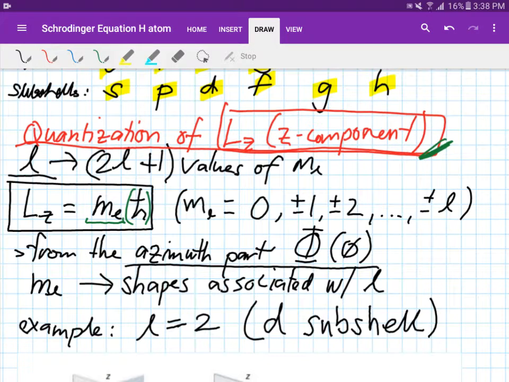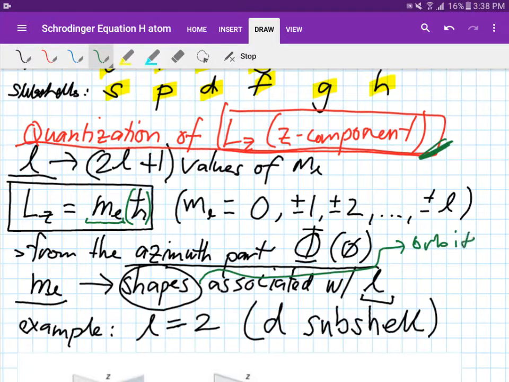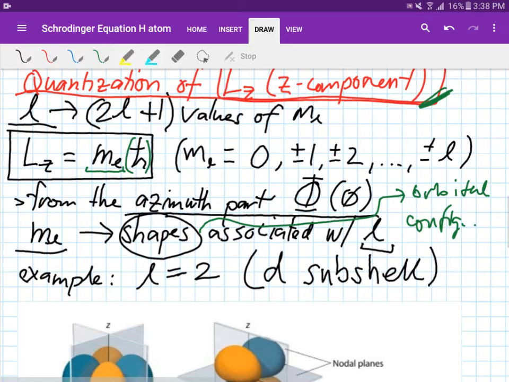Now, m sub l determines the shapes associated with the subshell. You can also call them the orbital configurations. For example, we have a subshell l equals 2, or a d subshell.